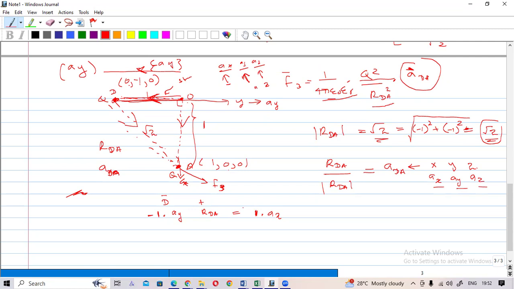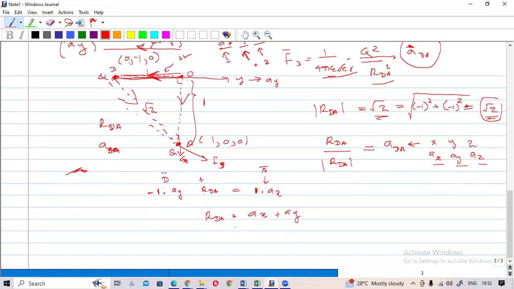So actually this is a vector a. So vector d plus vector rda is equal to vector a. Then rda is equal to ax. Here, when it comes here, it will be plus ay, not minus ay. It will be plus a.